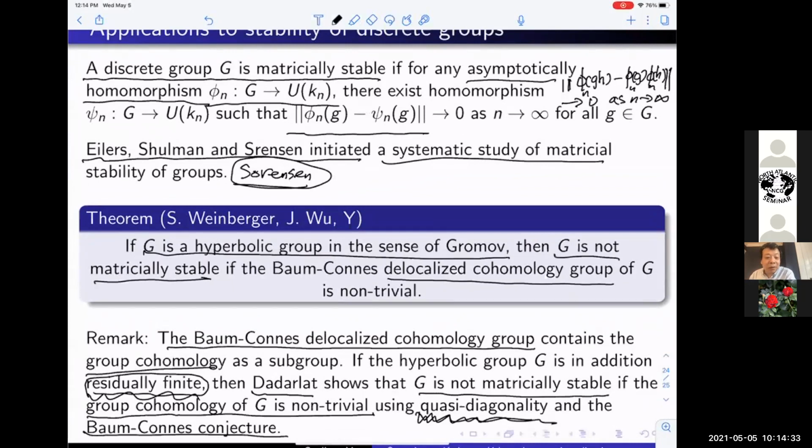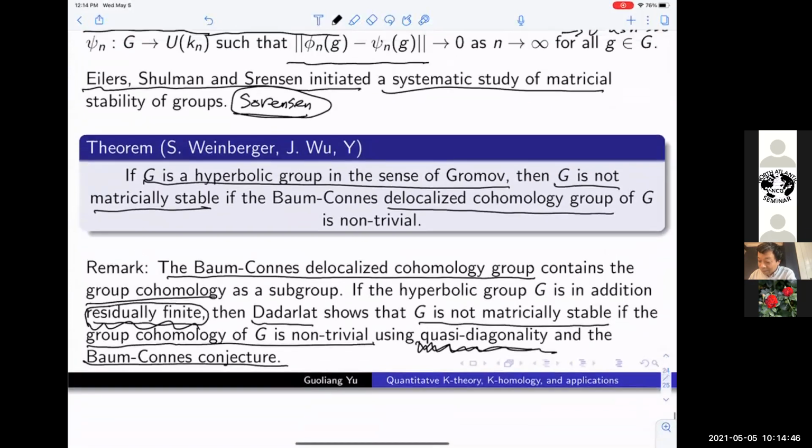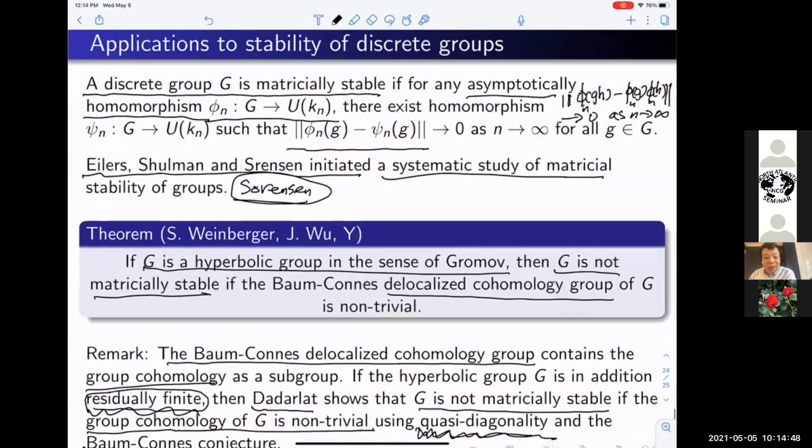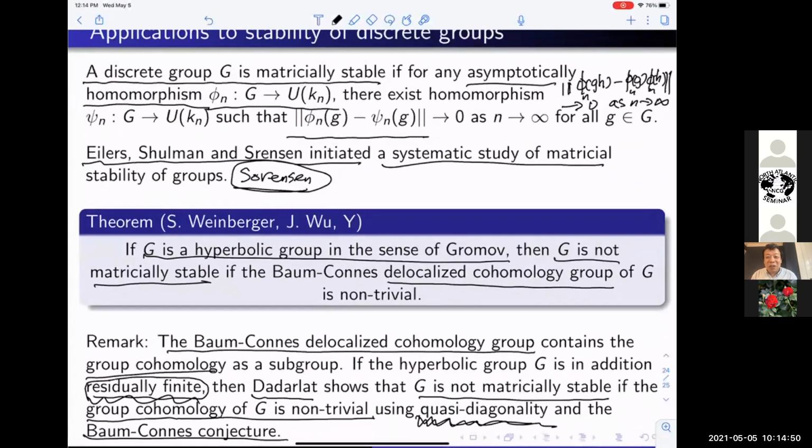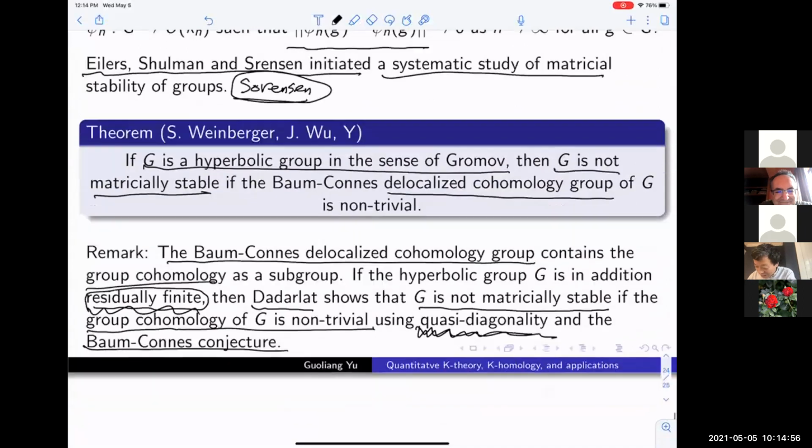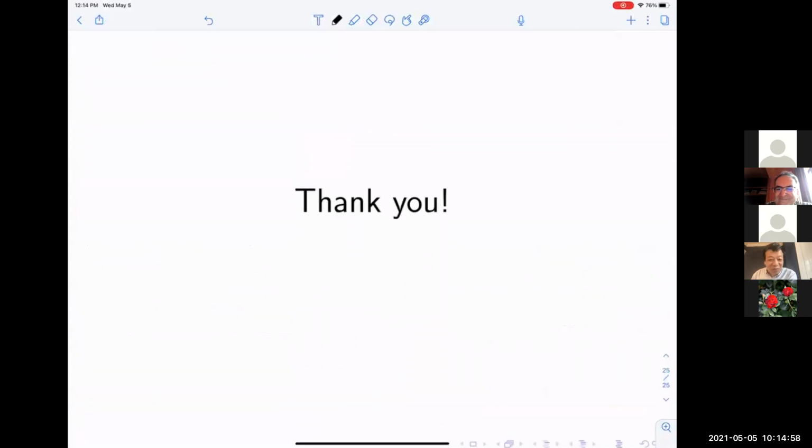Other than computing K-homology, this kind of quantitative K-homology has, I found, some other applications. Okay, although Peter said I can talk 90 minutes, that's all I have. Thank you very much. I will be happy to answer questions.